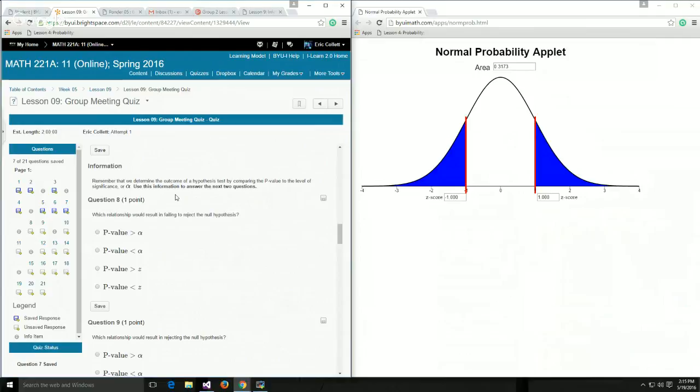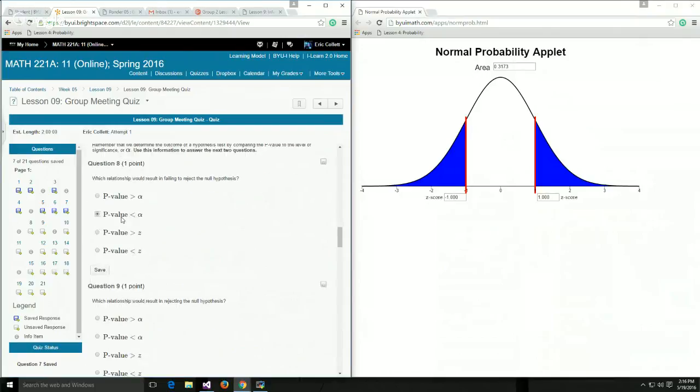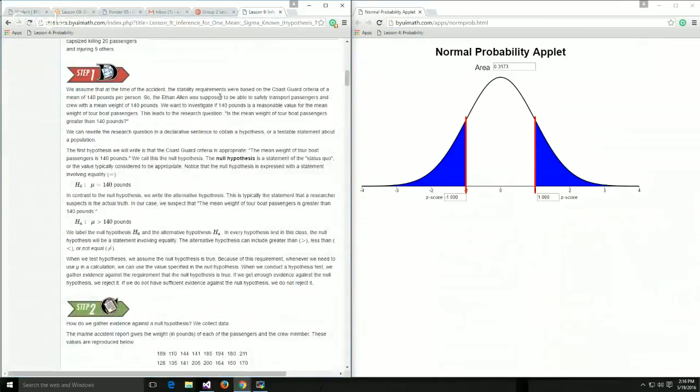Okay, what is the relationship? Which relationship would result in failing to reject the null hypothesis? So I'm thinking it's going to be this one. The p-value is less than the level of significance, I think.